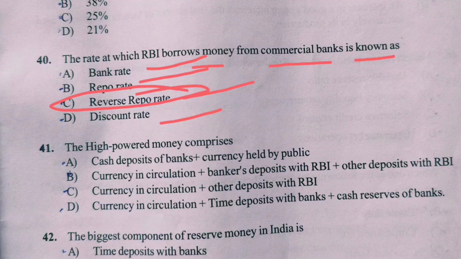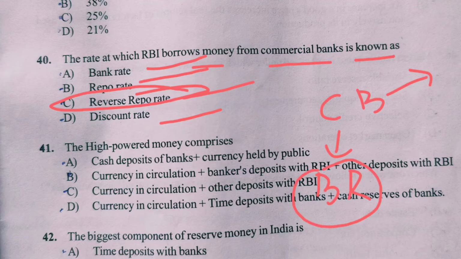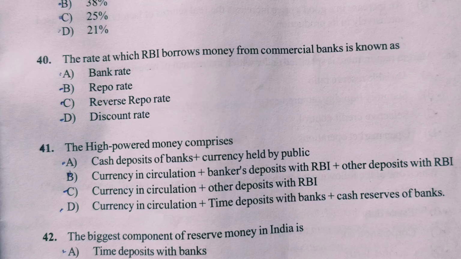When commercial banks borrow from RBI, one is the bank rate, where commercial banks do not have to submit collateral, and another is the repo rate, where to borrow from the central bank, commercial banks have to use collateral. So the correct option should be reverse repo rate here.